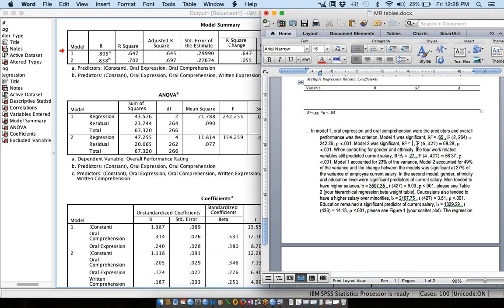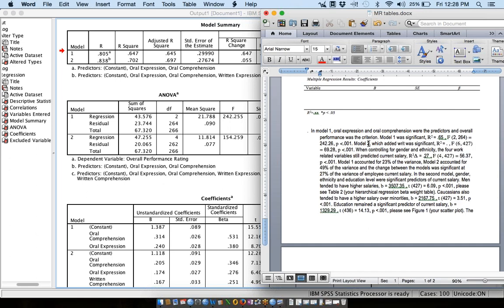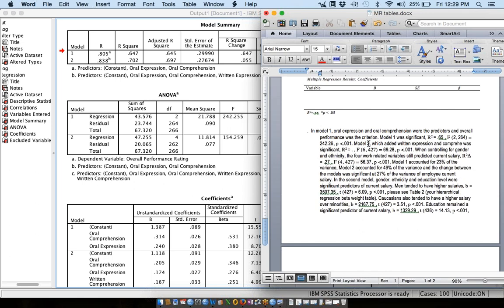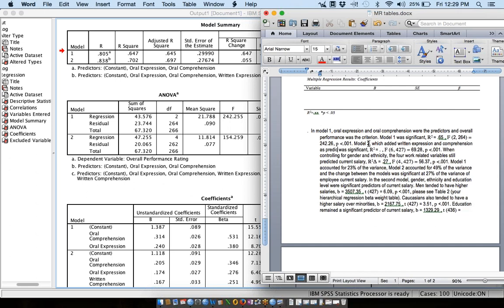Model 2. And you need to state what was in Model 2, which added written expression and comprehension as predictors, was significant.